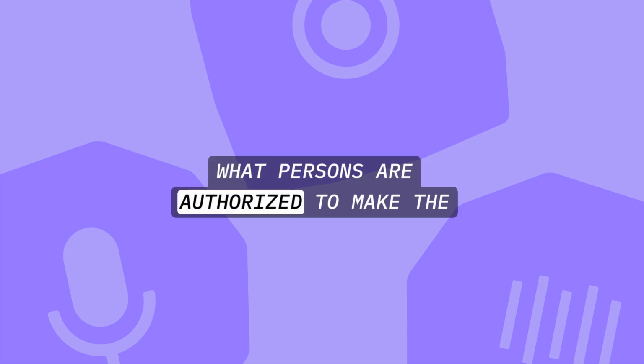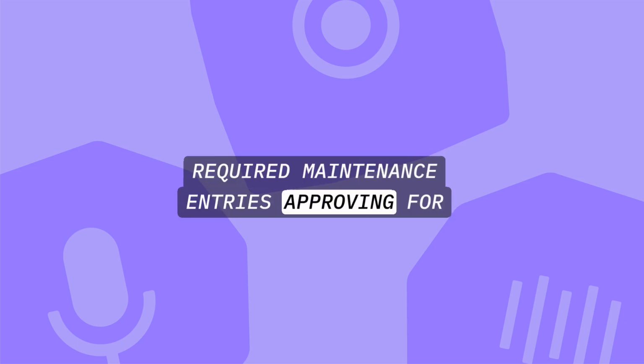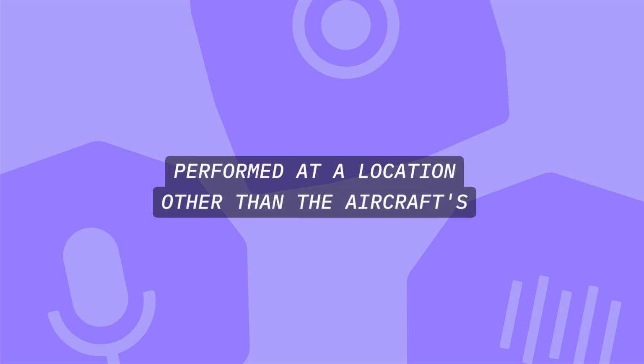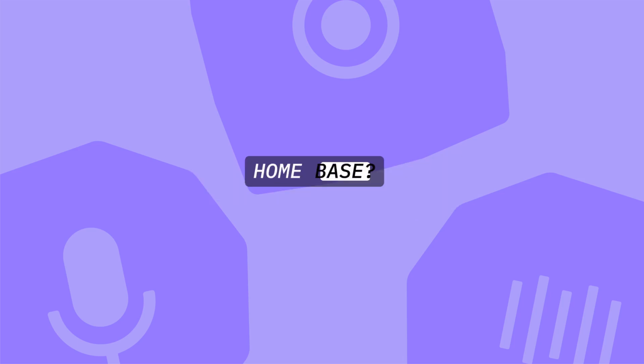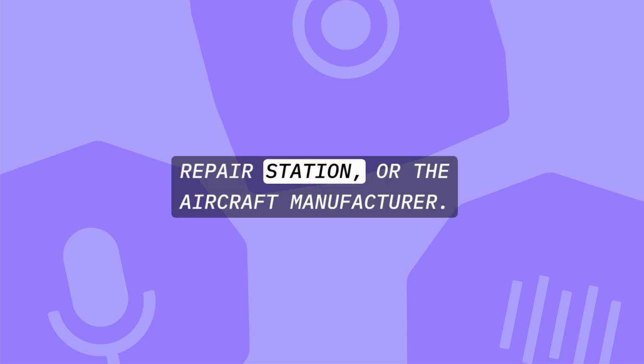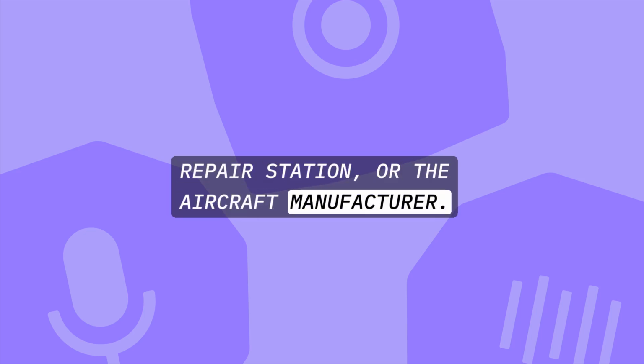What persons are authorized to make the required maintenance entries approving for return to service after progressive inspection is performed at a location other than the aircraft's home base? A certified mechanic, an appropriately rated repair station, or the aircraft manufacturer.